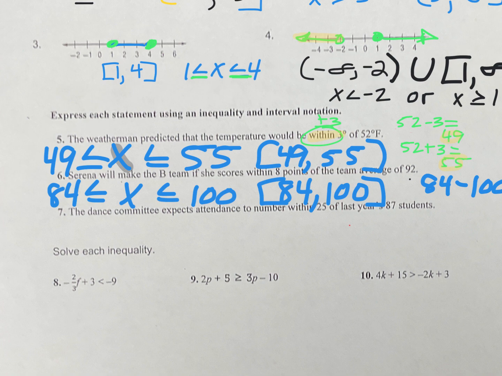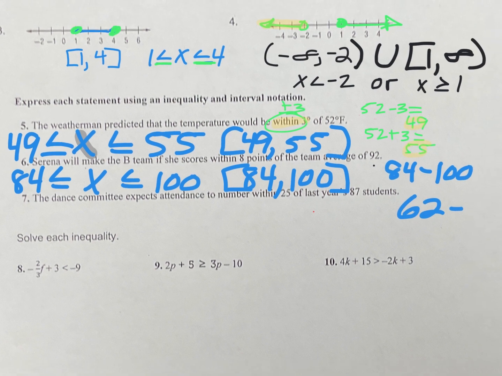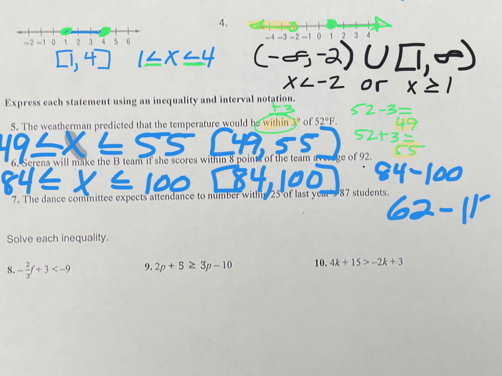Last but not least, it says they expect attendance to number within 25 of 87 students. Man, that ain't much of a dance. All right, so 87 take away 25 means there could be 62 kids that show up. Would help if I could subtract basics. And if you add 25 to that, what is that, 112?